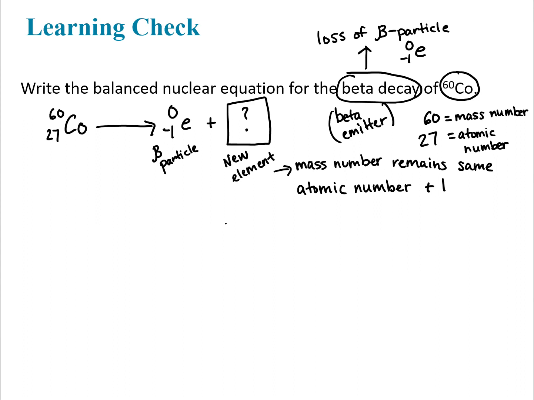So we know that our new element is going to have a mass number of 60. If we have to increase the atomic number, well, we're starting with 27. We have to add 1. That's 28. So that's our new atomic number.